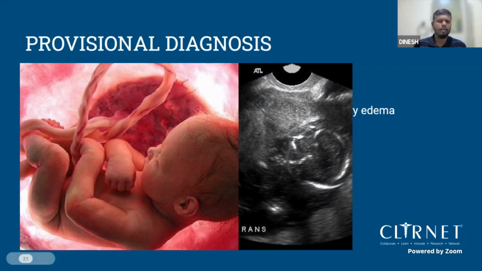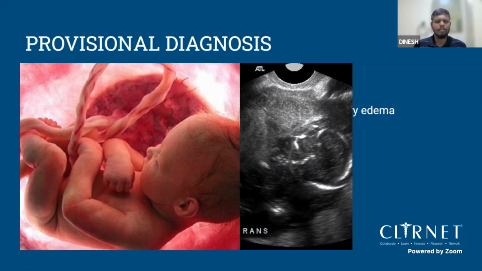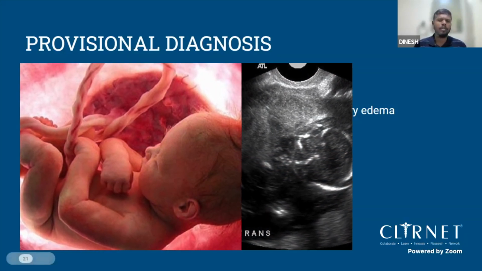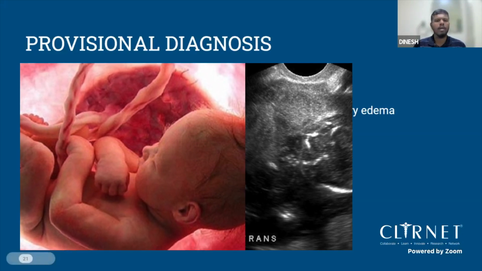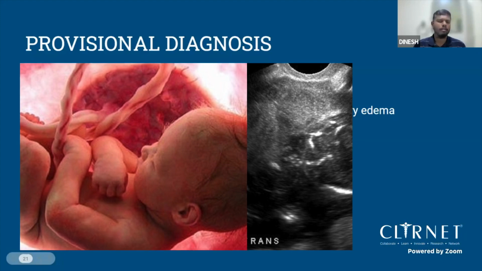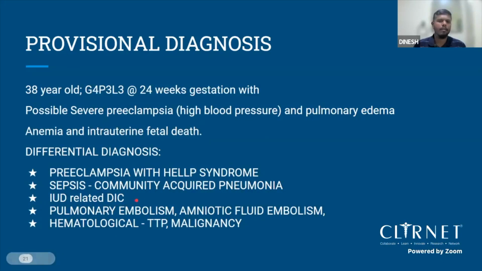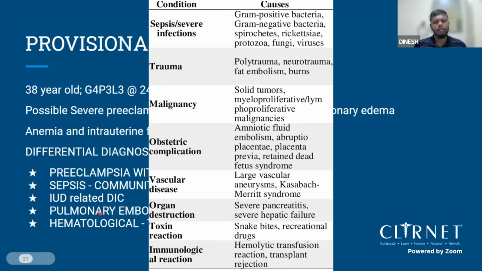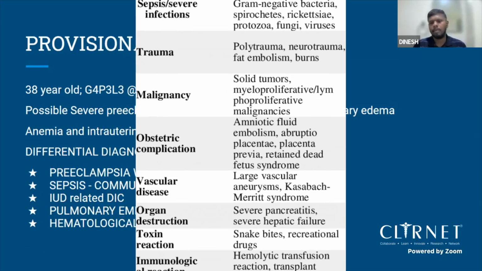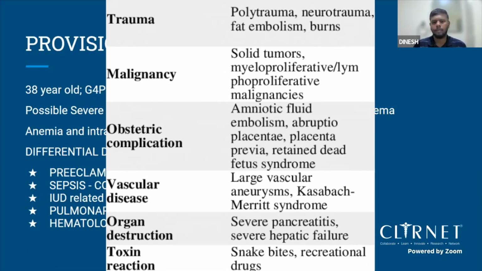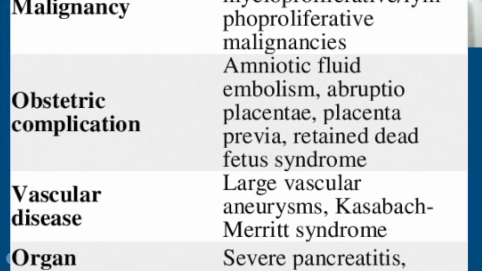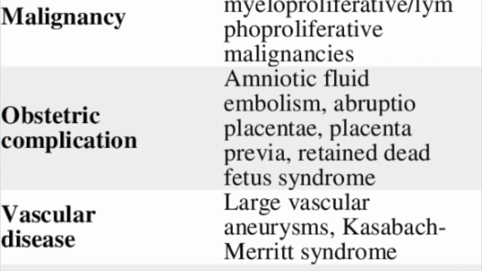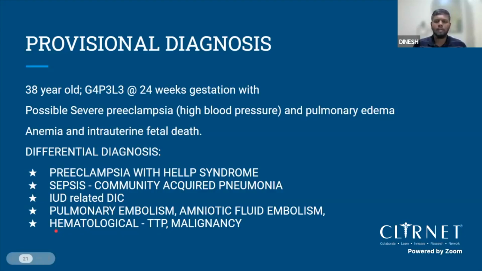The patient did not perceive movement for the past 2 days, but usually DIC occurs when the fetal products are retained for a longer time, but still, IUD-related DIC progressing to pulmonary edema features could be there, and pulmonary embolism and a distant amniotic fluid embolism was also in our mind. And hematologically, since the patient presented with very spurious, very low blood counts, we had hematological issues.